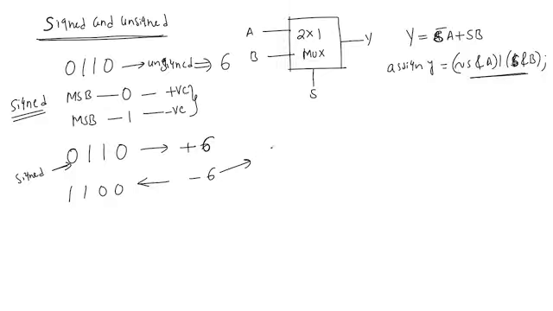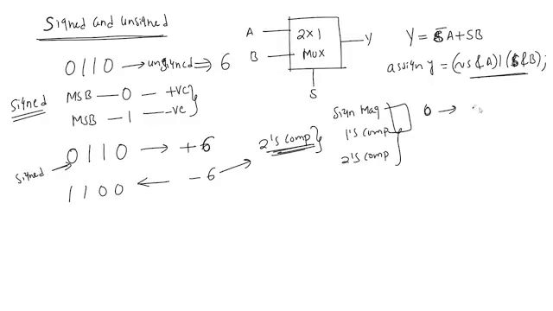Mostly negative numbers are represented in 2's complement form. Why 2's complement? You already studied that negative numbers are represented in sign magnitude, 1's complement, and 2's complement.